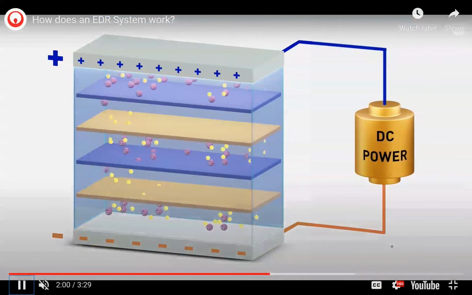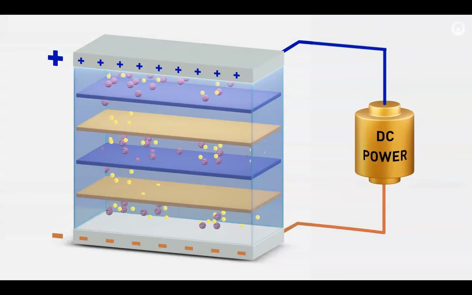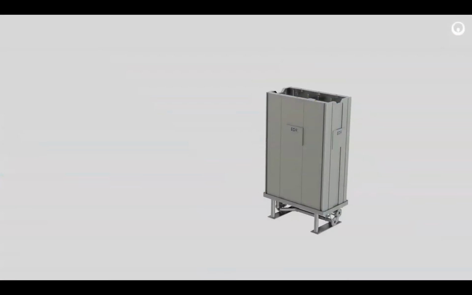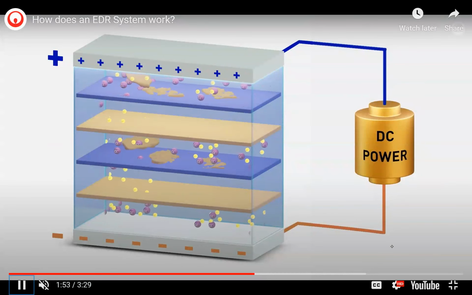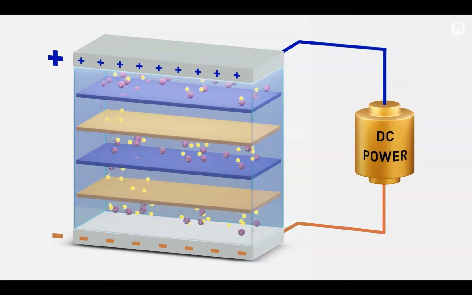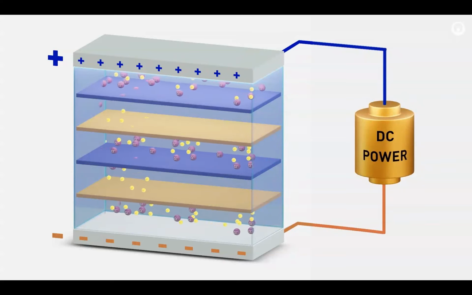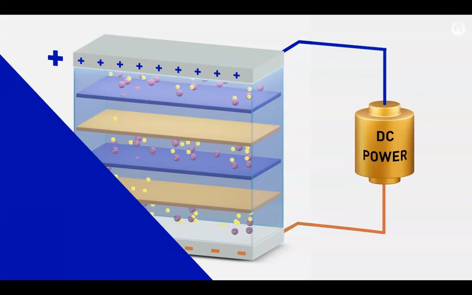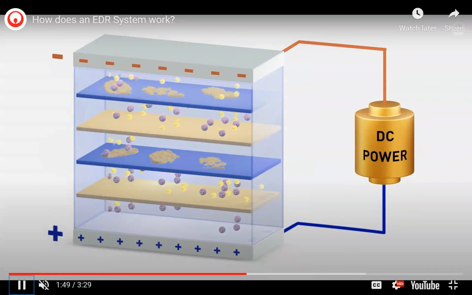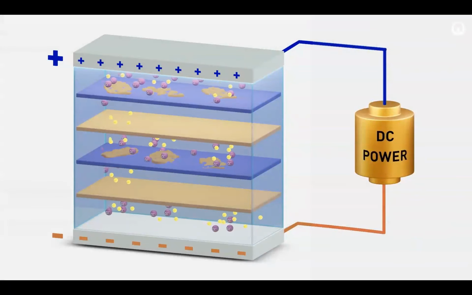You are changing the polarity, but you are not changing the charge of the polymer. That is not happening here. But when you change this charge, you see the foulant is gone from the surface. You are not changing the polymer charge, you are just removing the foulant by reversing the electricity.